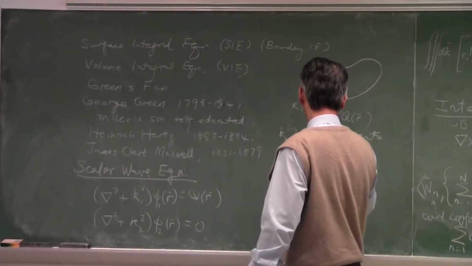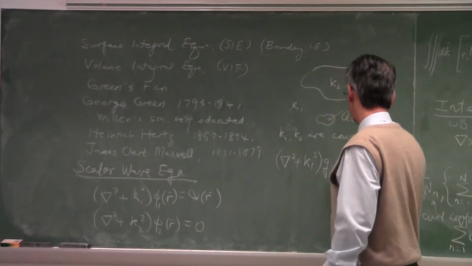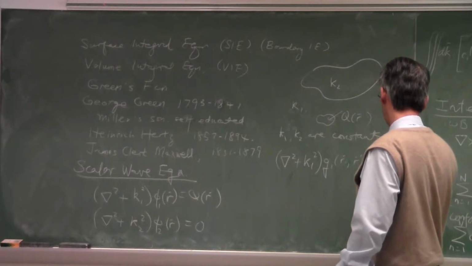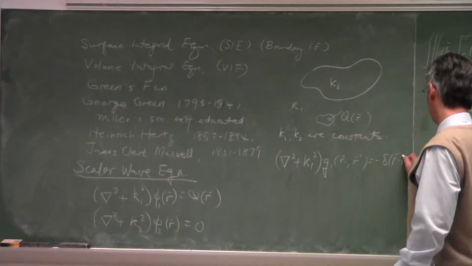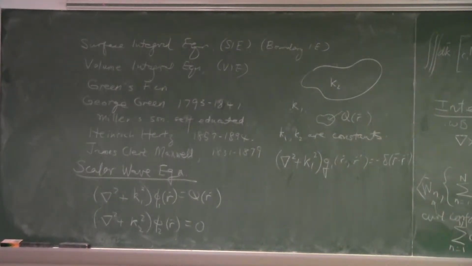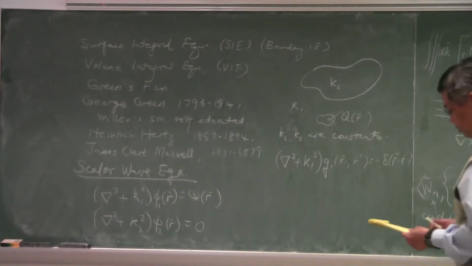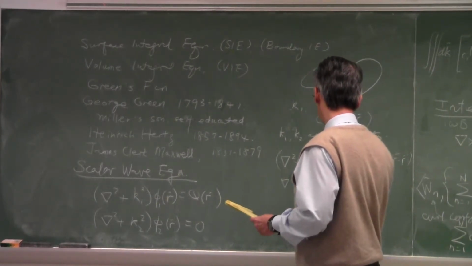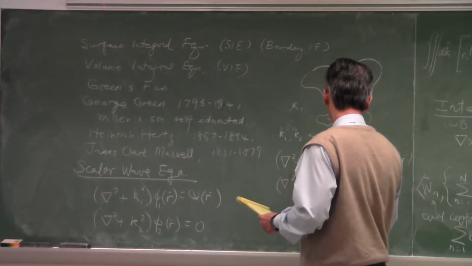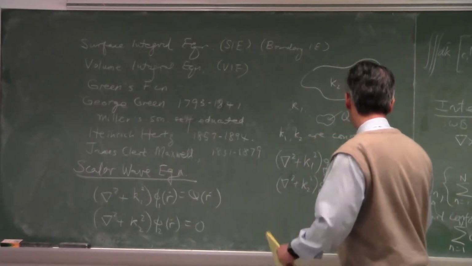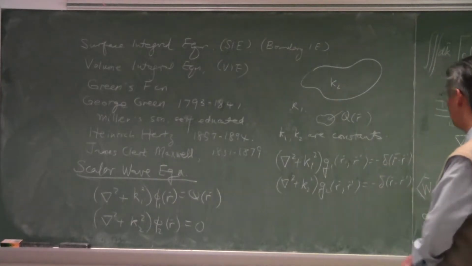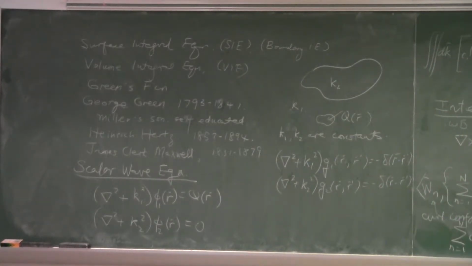So in region 1, we assume that the Green's function satisfies this equation. Okay, if you put a point source in region 1, then it's like the point source response. And then if you have a point source in region 2, it produces a point source response in region 2. We call that the Green's function of region 2, G2.